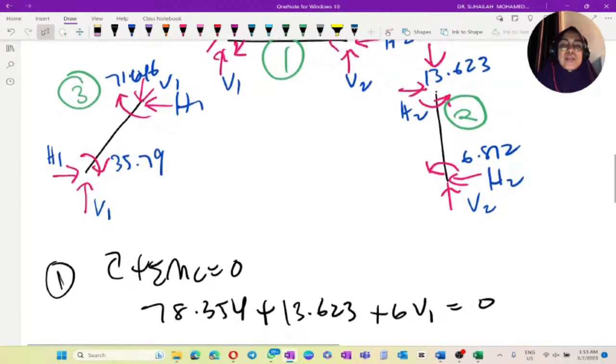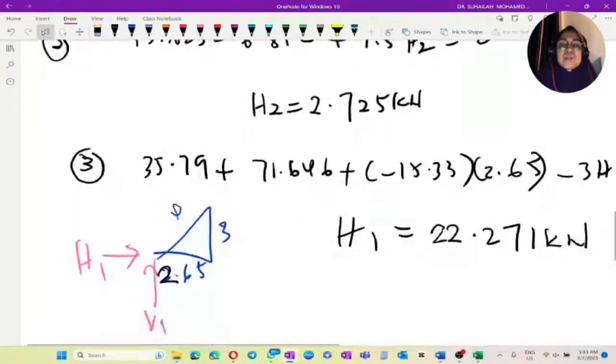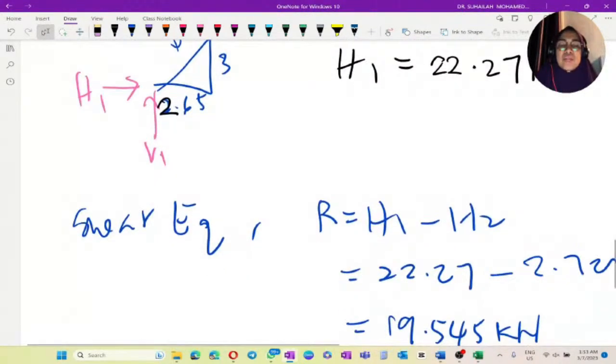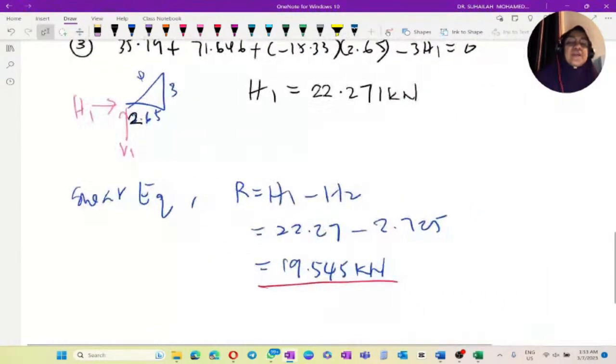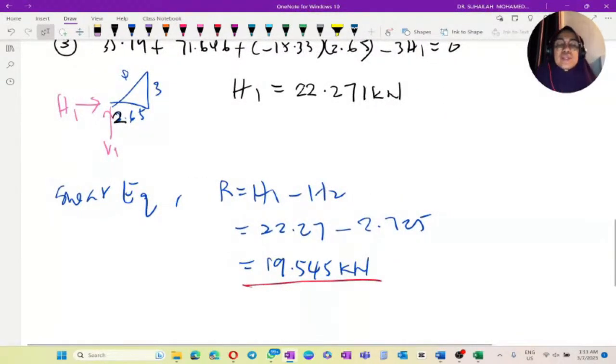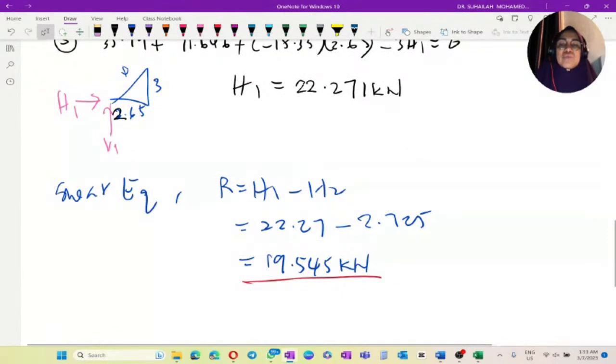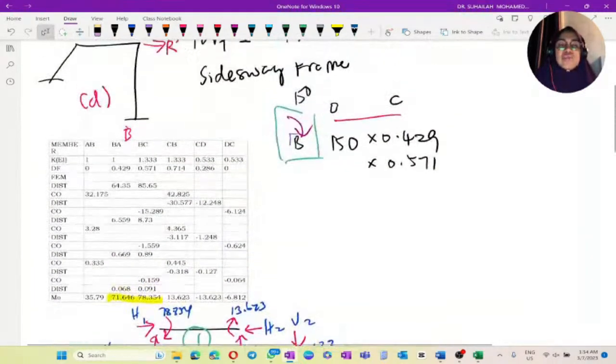Once you get H1 and H2, we just need to substitute into the shear equation, which is 22.27 minus 2.725, and the R value for table 1 is 19.545.